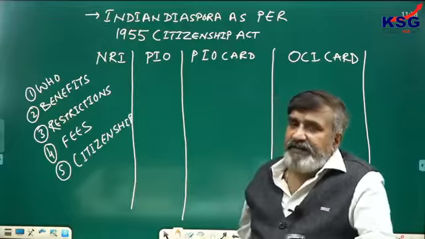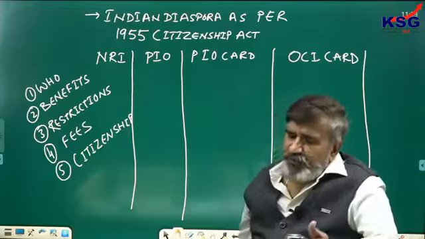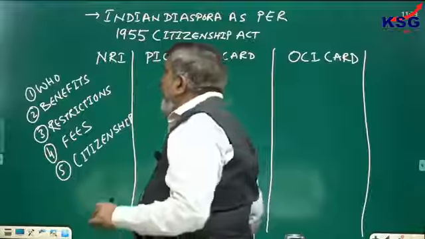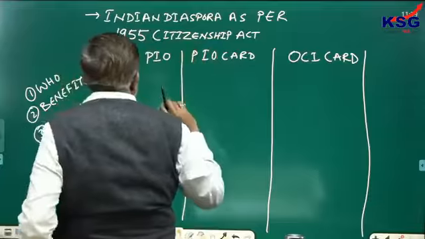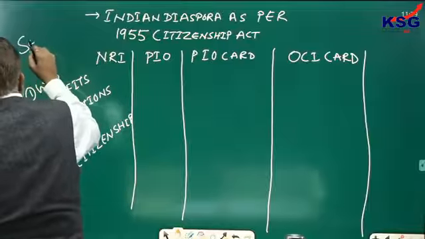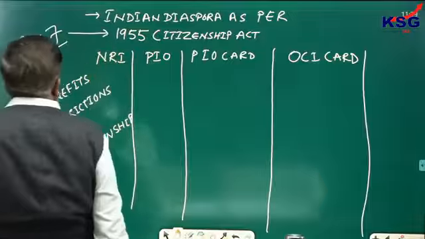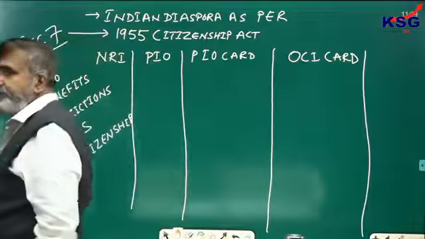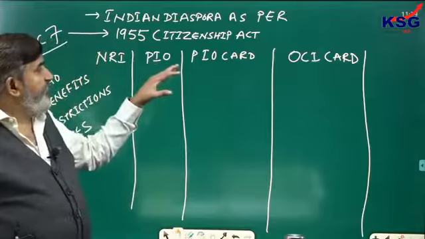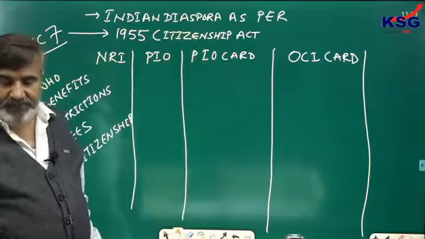Now for this, necessary changes were done in December 2003, and an amendment was carried out in the 1955 Citizenship Act, and a whole new section 7 was added to the 1955 Citizenship Act, which provides who is eligible for PIO card and who is eligible for OCI card, right?